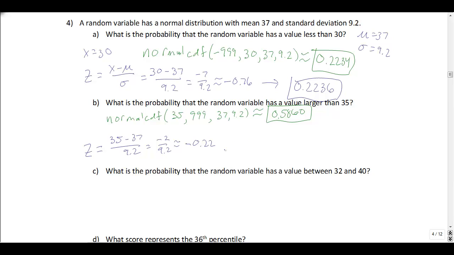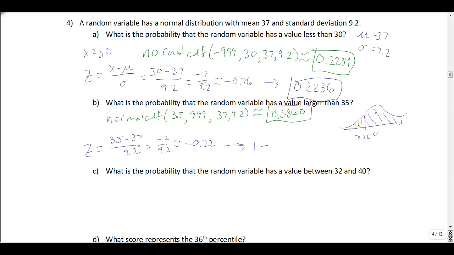And this leads to a p-value. Now, this one's going to be a little bit different. Let me draw my normal distribution here. So z, this would be 0 here. So negative 0.22 is over here somewhere. What I want is this area to the right. But what the table will give me when I look up negative 0.22 is only the area to the left. So the table gives me this area here. So to calculate this, I'm going to do 1 minus this orange area.